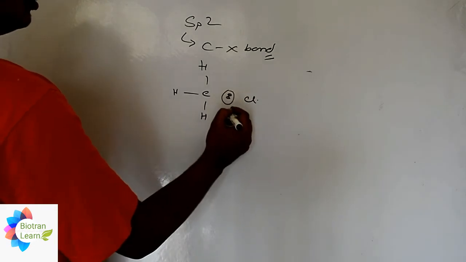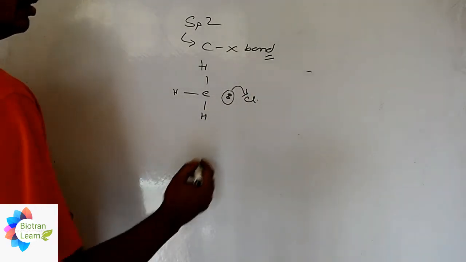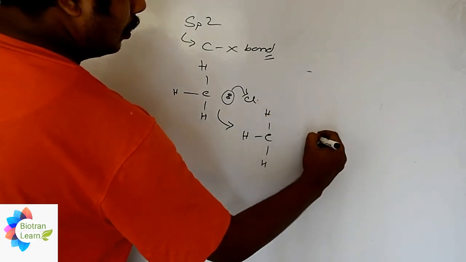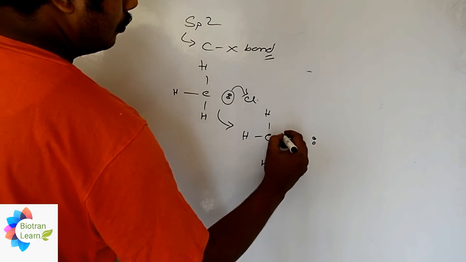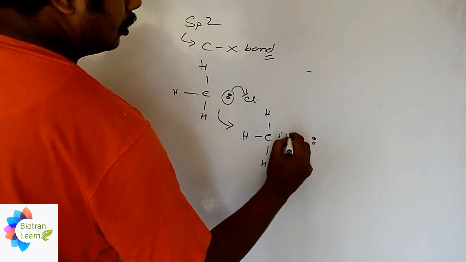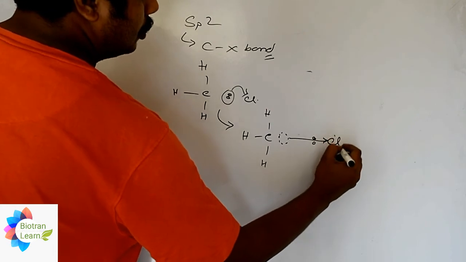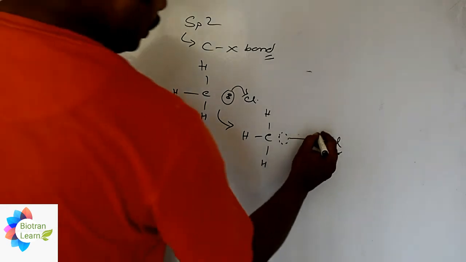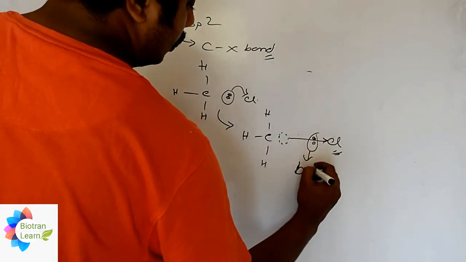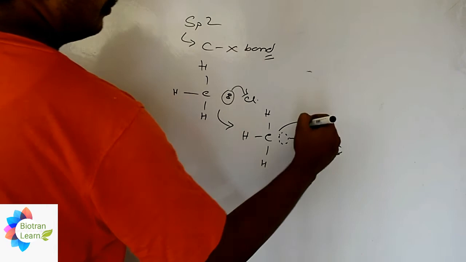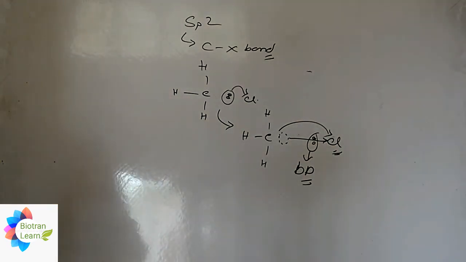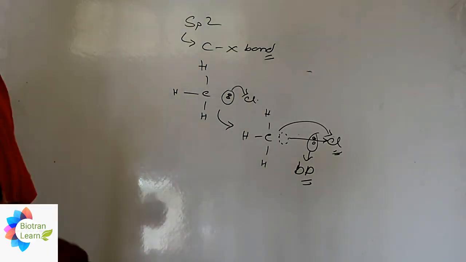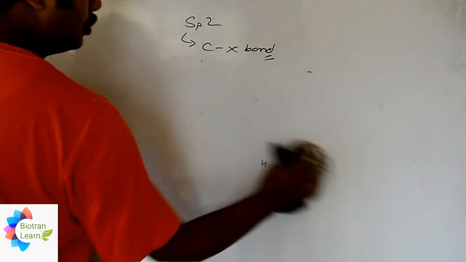This pair will be shifted towards chlorine, which pulls the electrons towards itself due to higher electronegativity. This tendency of pulling the bond pair electrons towards itself is known as electronegativity, and due to this we get a specific nature of the C-X bond.